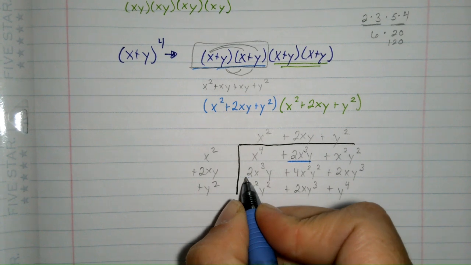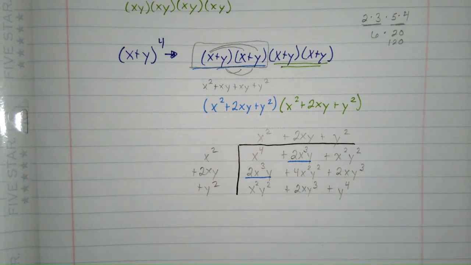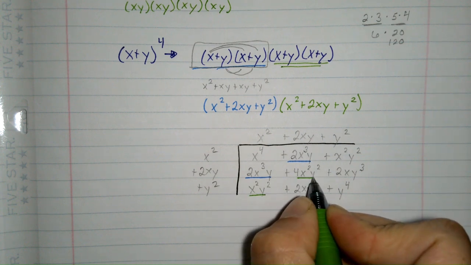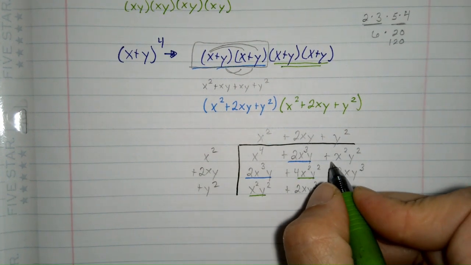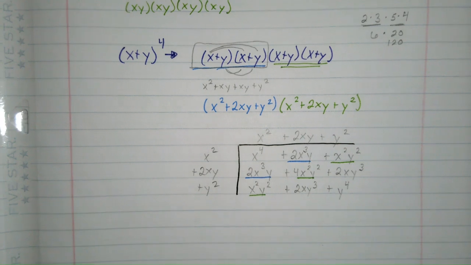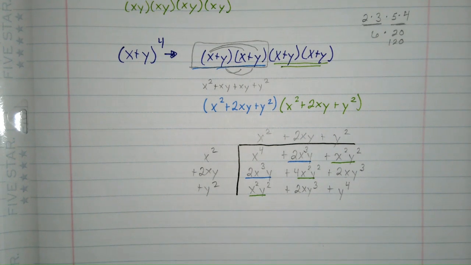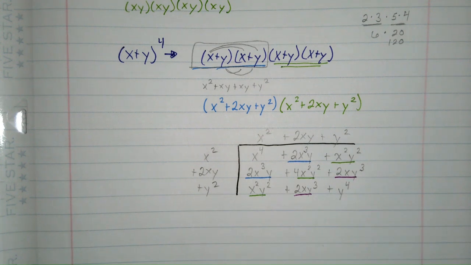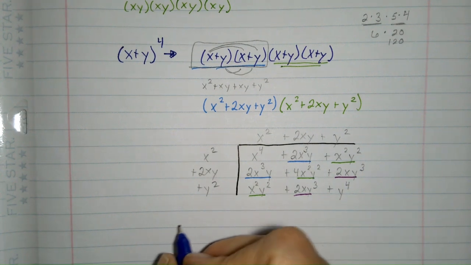2x cubed y, 2x cubed y, those are like terms. x squared y squared, x squared y squared, and x squared y squared are like terms. And then xy cubed, xy cubed, those are also like terms. So I'm going to add all the like terms as I put this together.